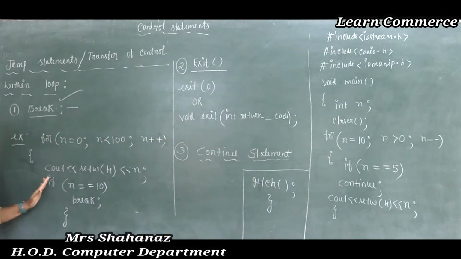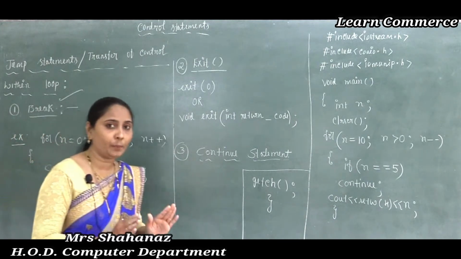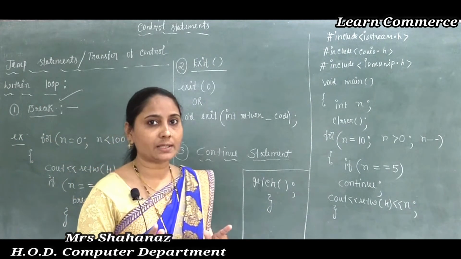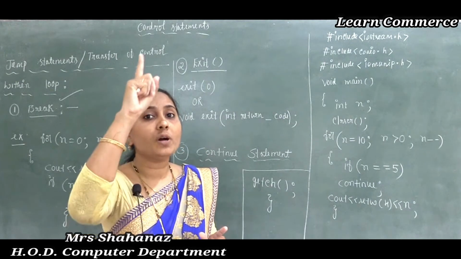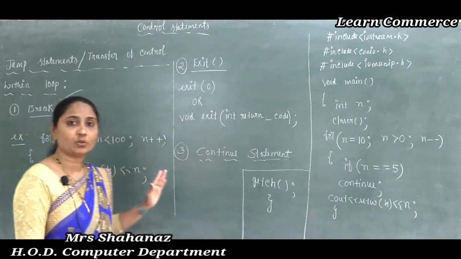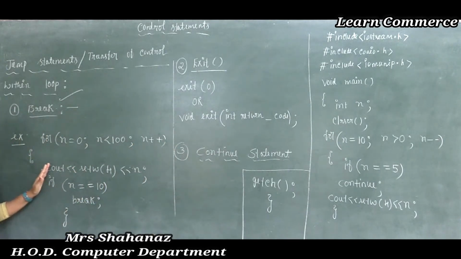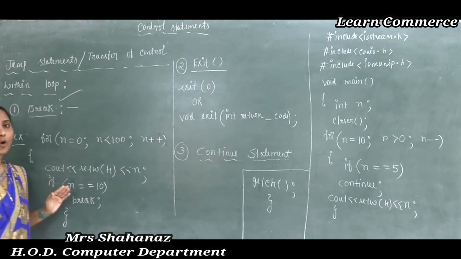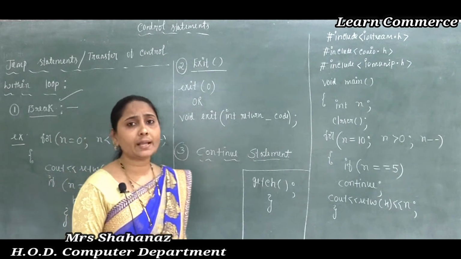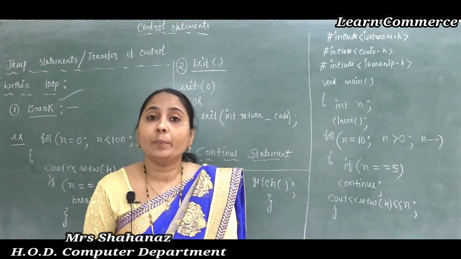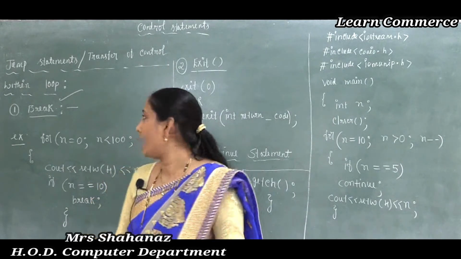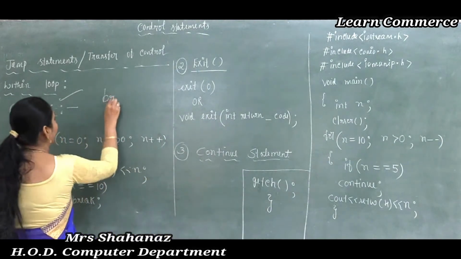So when you use the break statement in any program, the control automatically passes to the first statement after the loop. What about the general format of the break statement? The general format of the break statement is: break semicolon.